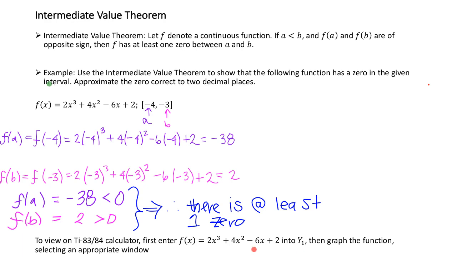Okay. All right, so now we're going to look at the second part. We're going to take what we had and we are going to build on that. So if we have at least 1 zero, we can use our graphing calculator to approximate that zero.